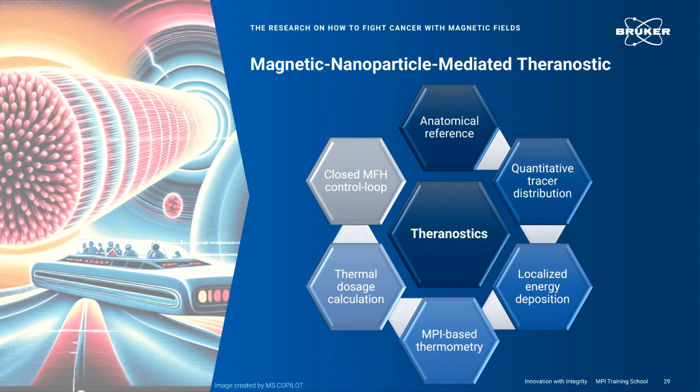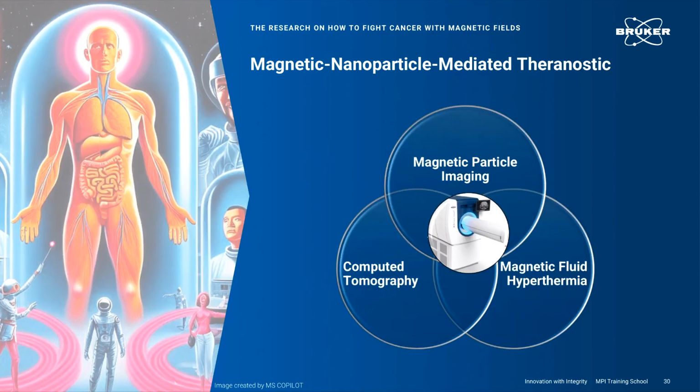We want to have a localized energy deposition, and we can now leverage the MPI-based thermometry, and therefore calculate the thermal dose over the time course. And by having this, we can have a closed hypothermia control loop in the end. So, this is what our vision is.